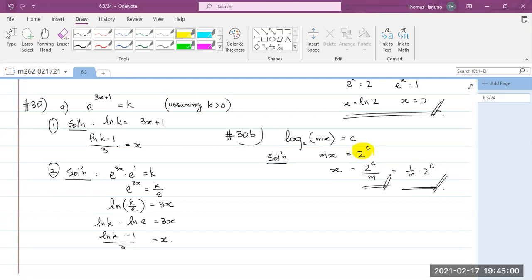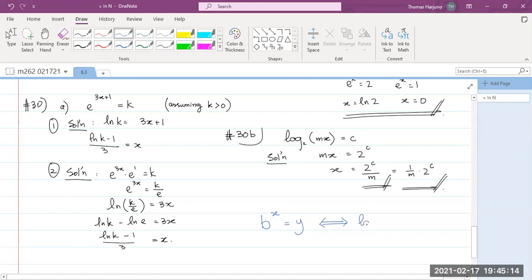Oh, I changed it into exponential form. Okay, let's see. Exponential form b to the x equals y has logarithmic form log base b of y equals x.